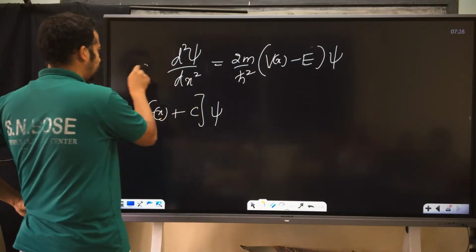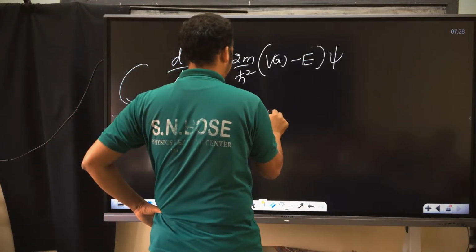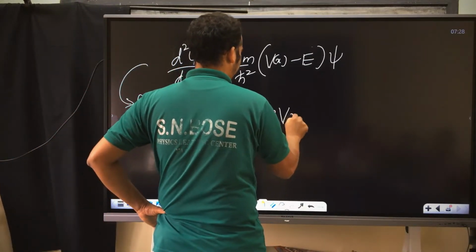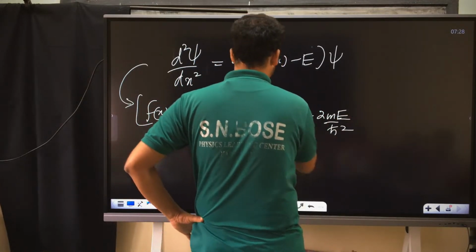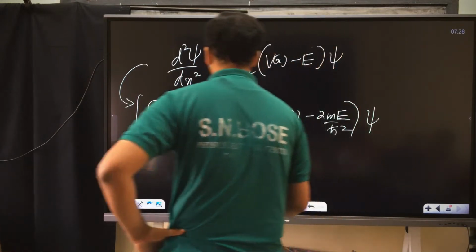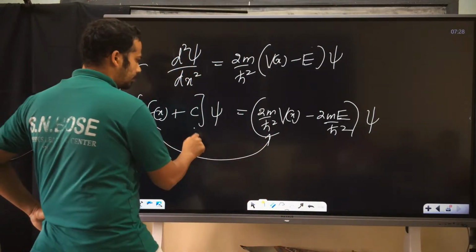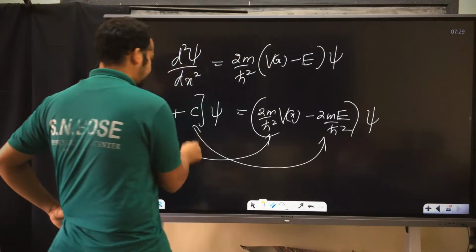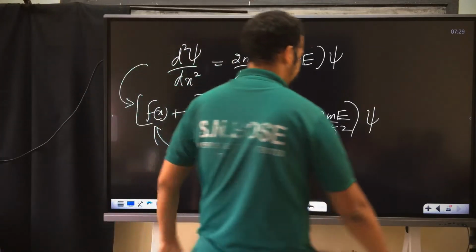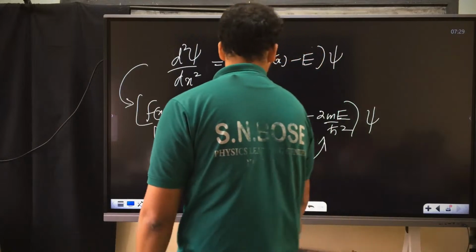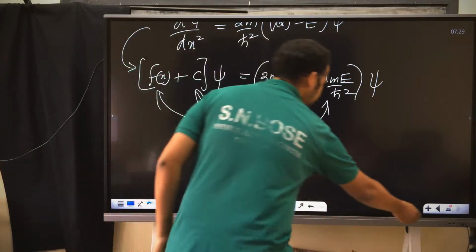When you equate it to 2m by h bar square v of x minus 2m e by h bar square into psi, this function goes with this one, this constant goes with this one. Now if I use that idea, what is my second derivative?